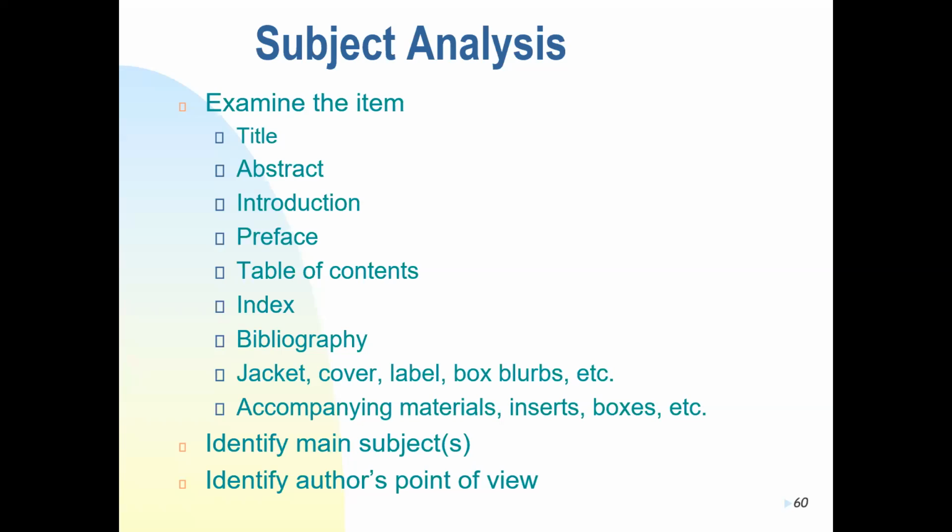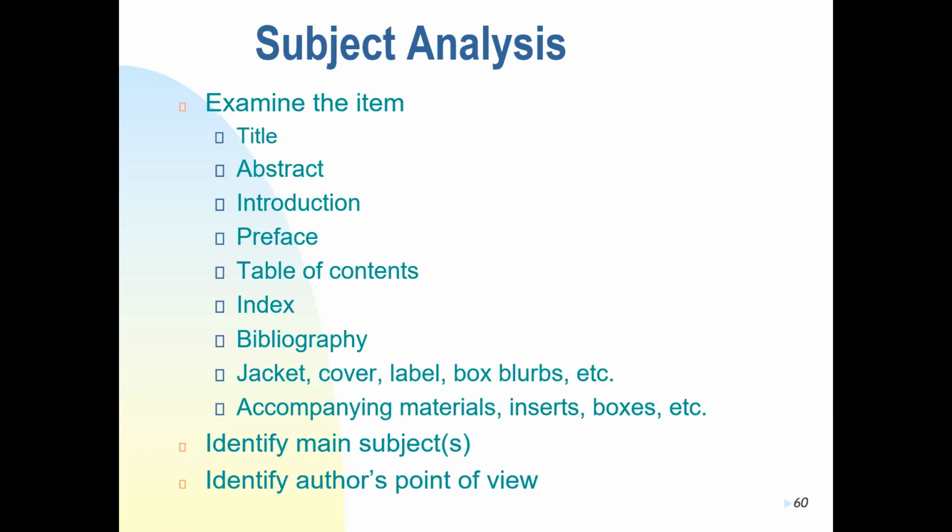So first you want to identify the main subject and the author's point of view. So you want to determine what the author's intention is for the resource. And there's sometimes some cataloger's judgment involved.